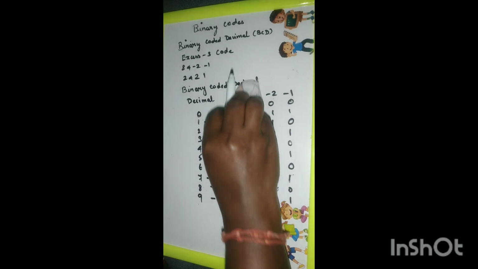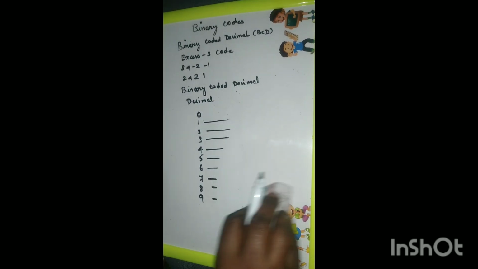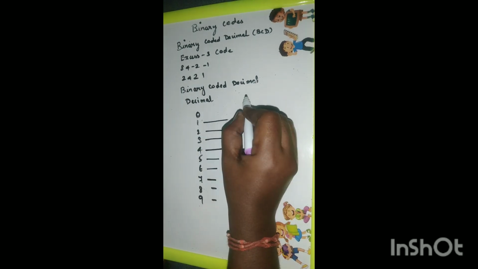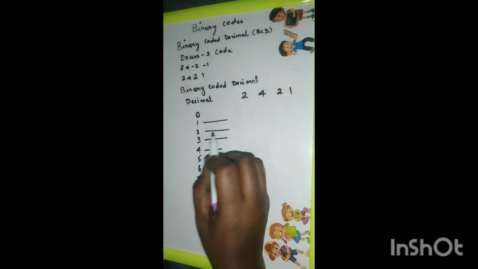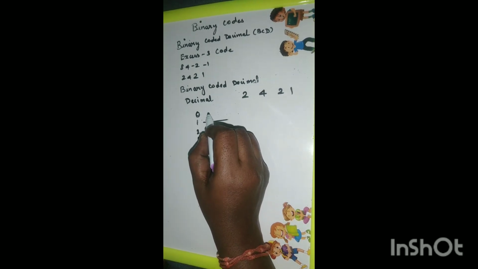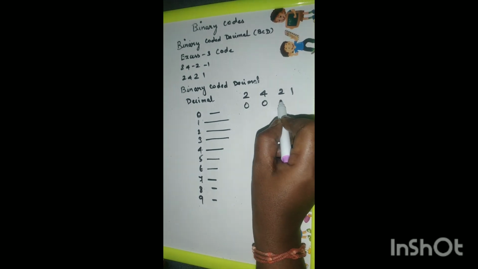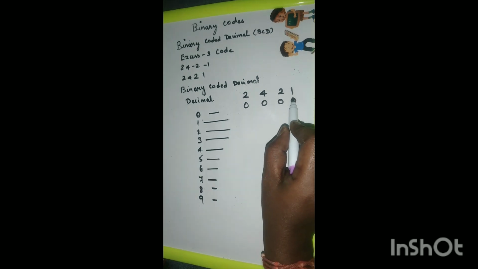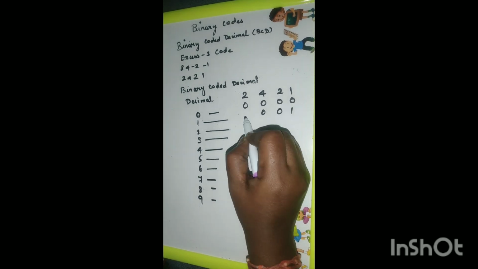Next we will see 2 4 2 1. We don't have 0 here, so we cannot assign 1 for any values; we assign 0 for all the digits. Next is 1. 1 is already there, so we assign 1, and for others, 0.